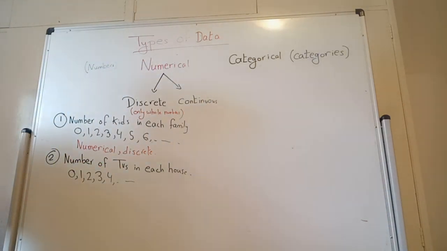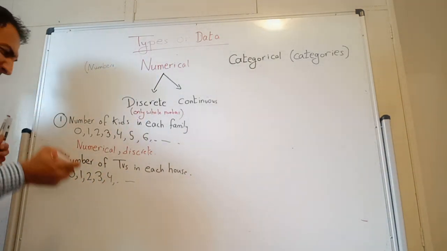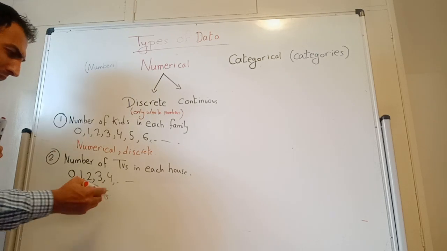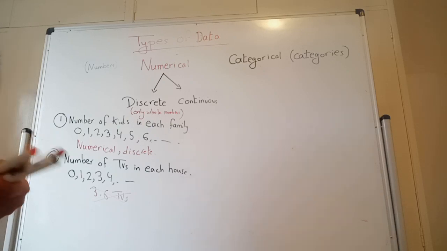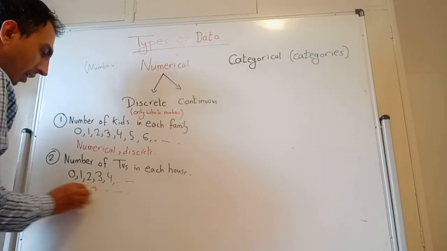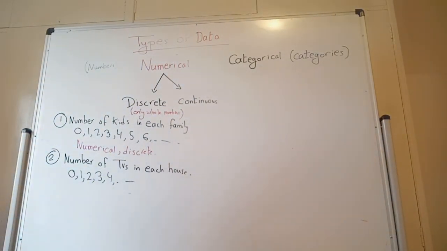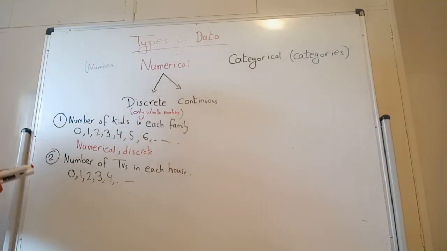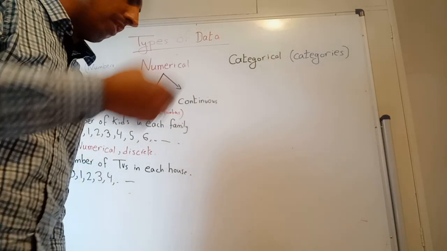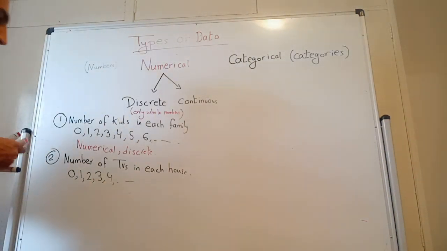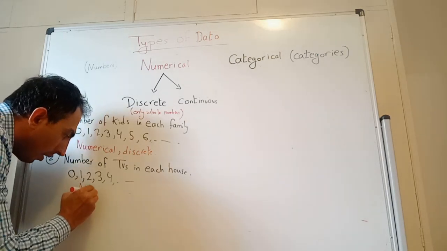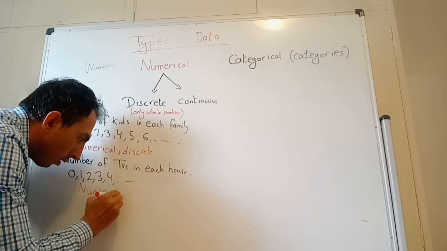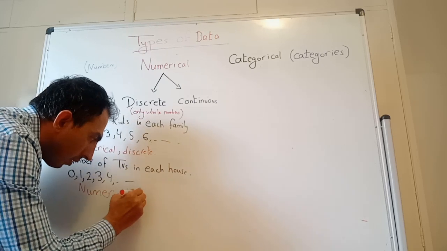So I can't say in my house I have 2.5. Can you say you have 3.6 TVs in your house? No way. That kind of data does not accept such numbers. It only accepts whole numbers like 0, 1, 2, 3, 4, 5, 6, 7, and so on. So we call it numerical and discrete, just discrete values.